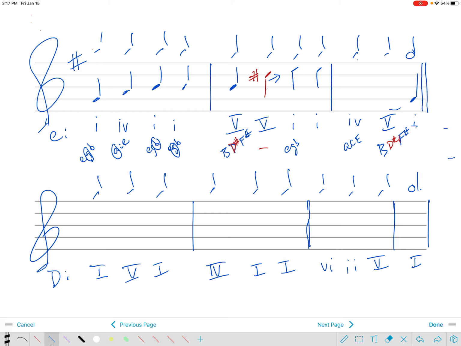And then let's jump down to C here, and then we'll go to B. And we'll go ahead and keep our B at the end too. I'm going to make that the same direction for our stems. Let's see how this sounds.